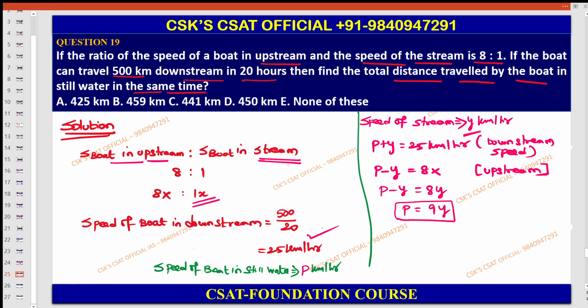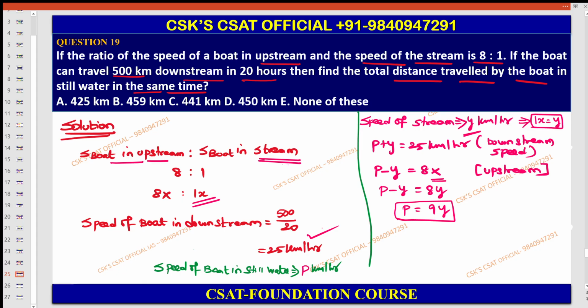That 1x we can replace here. So please understand that 1x you are replacing, 1x is equal to y. So now 8x is equal to 8y. I hope you guys are getting it.